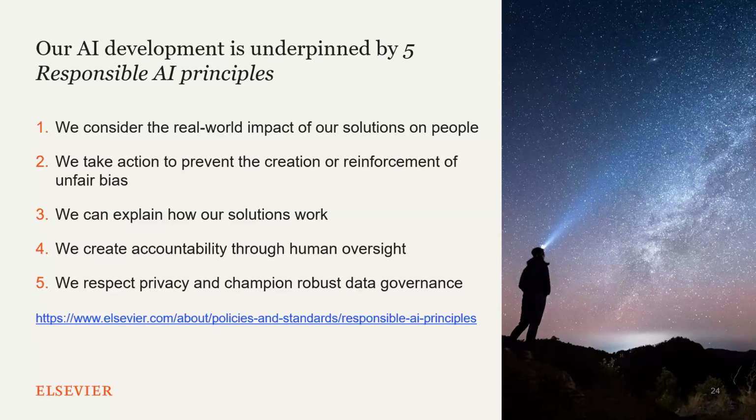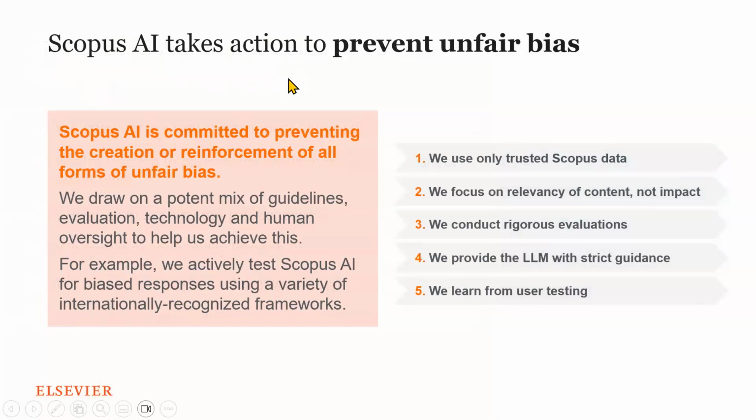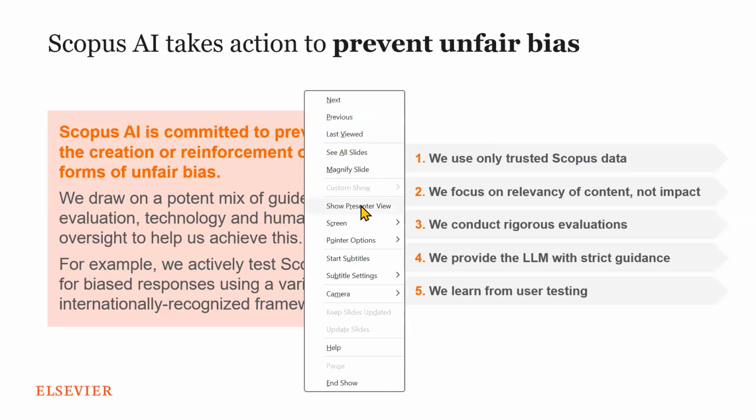So we are using an LLM as provided by OpenAI, but we have a privacy clause that the questions and the responses cannot be used by OpenAI. So we have a closed system in terms of using OpenAI technology. The unfair bias, specifically, is something that we often get questions about.